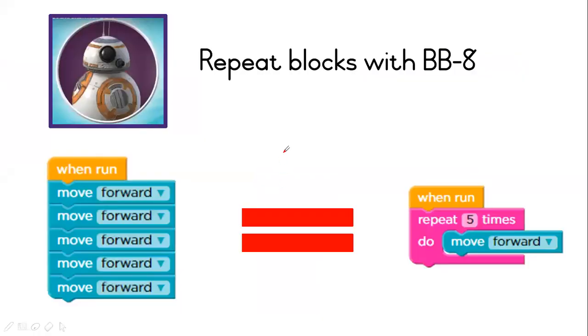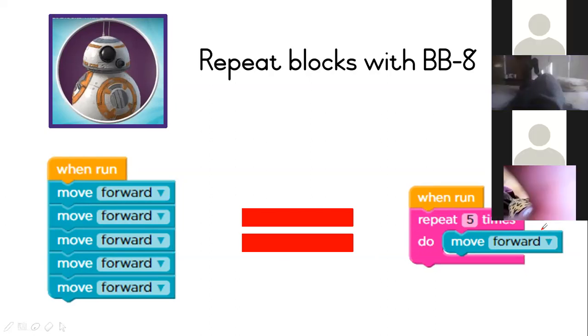Right here, I'm just showing you because in BB-8 and Ray, we are going to use a lot of repeat blocks. So remember that if we use blocks like move forward, move forward, move forward, move forward, move forward, we've used it 1, 2, 3, 4, 5 times, but it is exactly the same as if we use a repeat block and we just put a move forward inside, and here we tell the repeat block to do it 5 times.